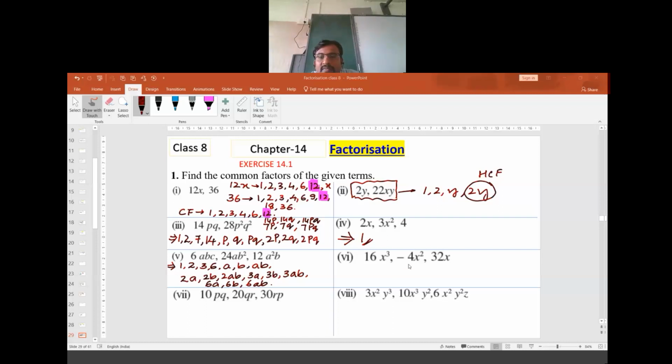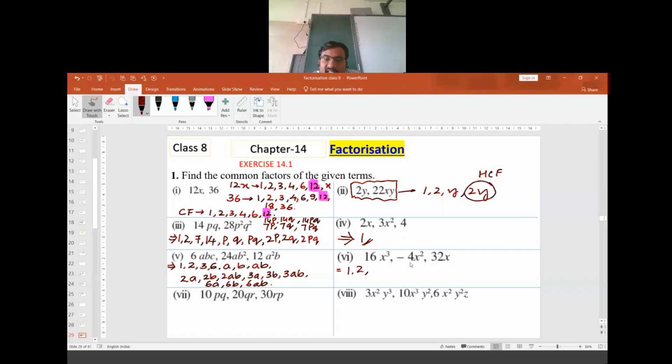Now tell me, there is a negative number also here. -4 is there. What to do? Minus 1, minus 2, minus 4.